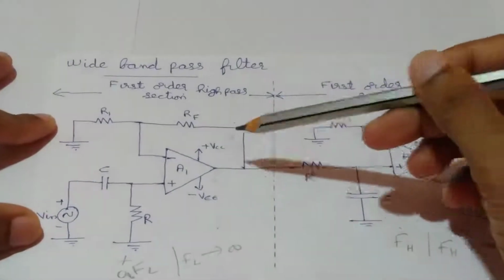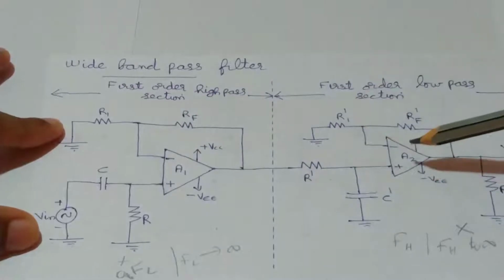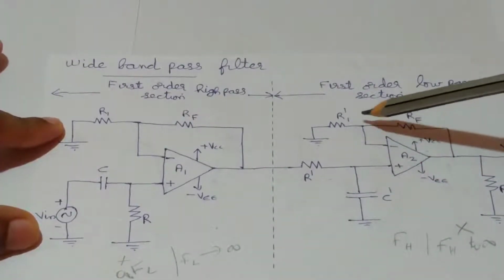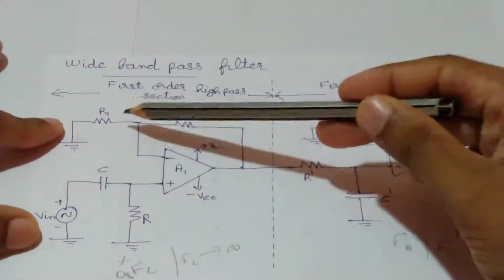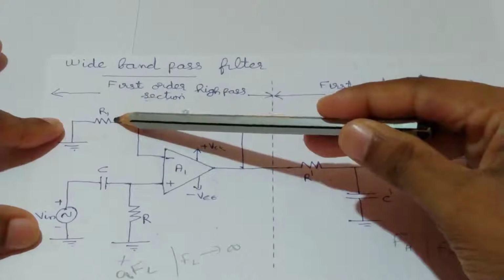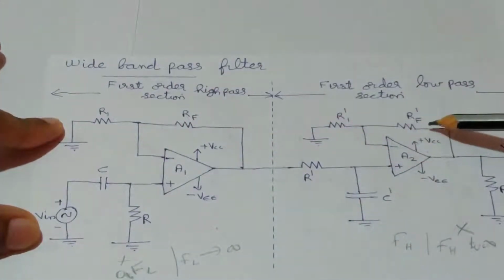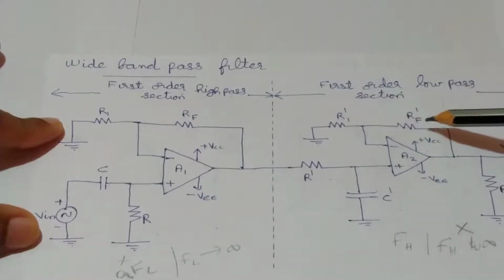The gain of this first order high pass filter is 1 plus RF by R1, and the gain of this first order low pass filter is 1 plus RF dash divided by R1 dash. For the design of the gain, we will assume a value for R1 and calculate the value for RF here. And here also we will assume a value for R1 dash and calculate the value for RF dash.